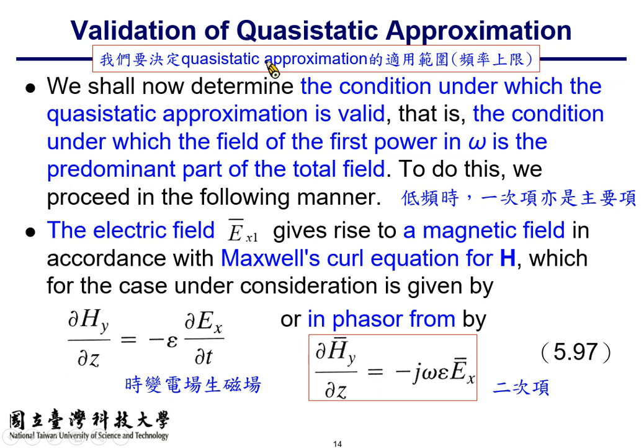Originally, we have the time variant current, I0. You produce the time variant magnetic field, Hy0. And we have Ex1, the first order time variant electrical field.